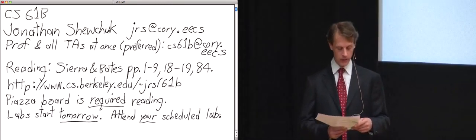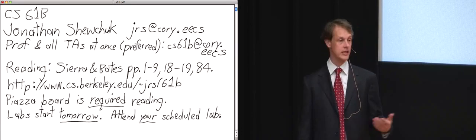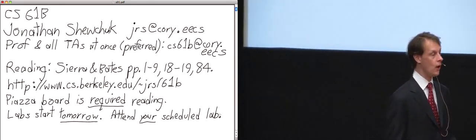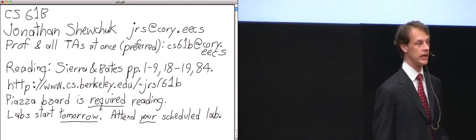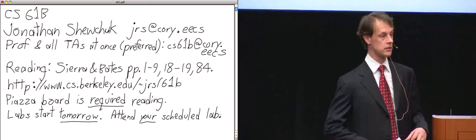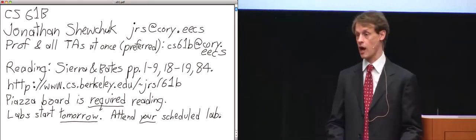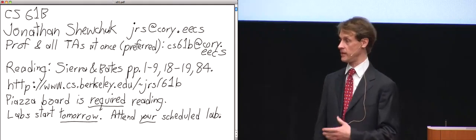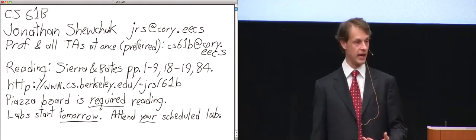Also, some of you who have taken a data structures course at a community college or someplace like that might be able to skip 61B or at least skip part of 61B. So if you've taken a data structures course, but you have not learned Java or taken a course in Java, then there's a short course called 47B that we teach. It's a self-paced course.